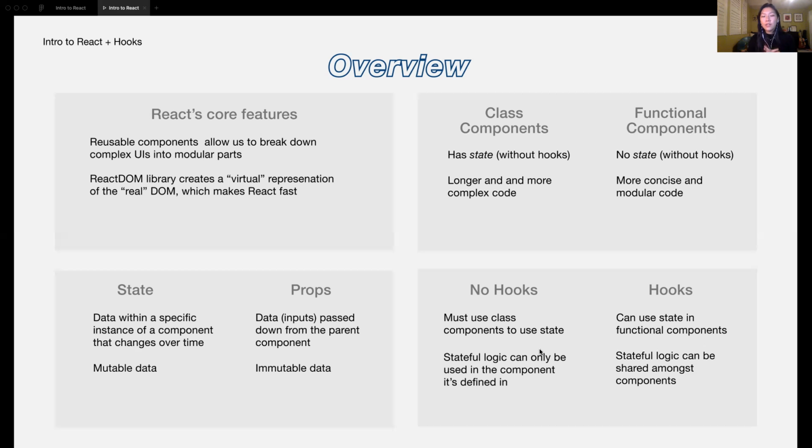That way, you can extract stateful logic outside of a component, which is super cool if you have a couple similar components that use similar stateful logic. And with hooks, you can now use state in functional components, and stateful logic can be shared amongst components. All right, this is a good slide to screenshot and save if you're a React beginner, and something that you could continue to reference.